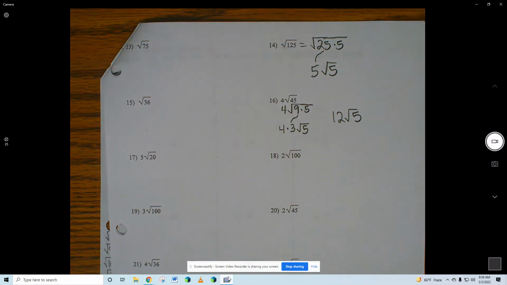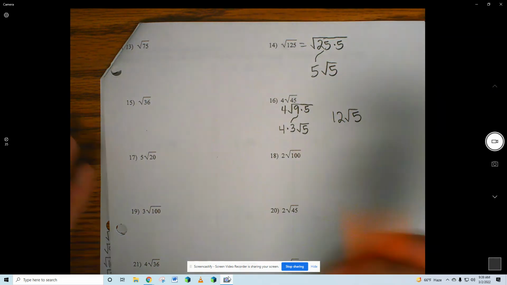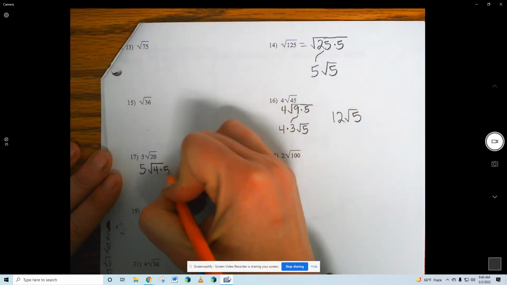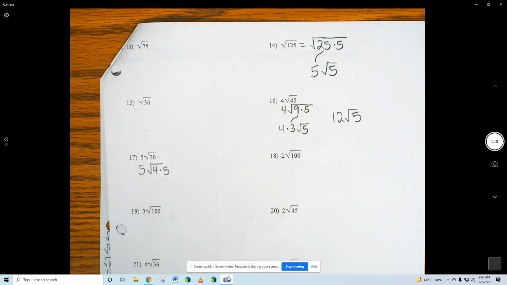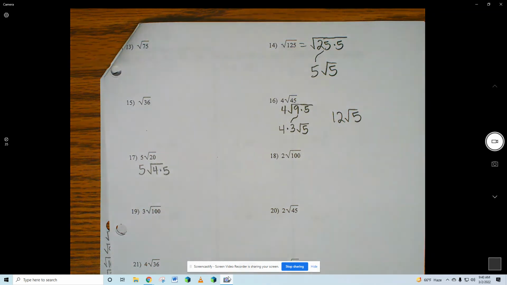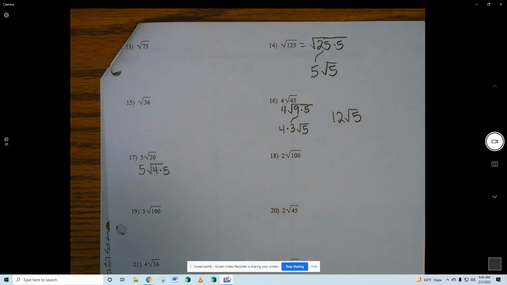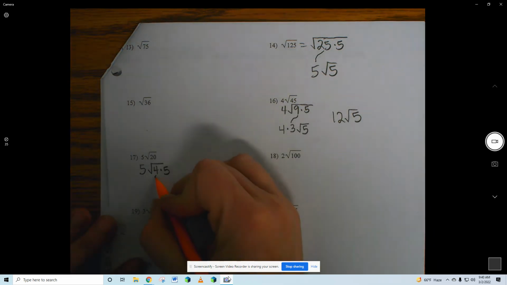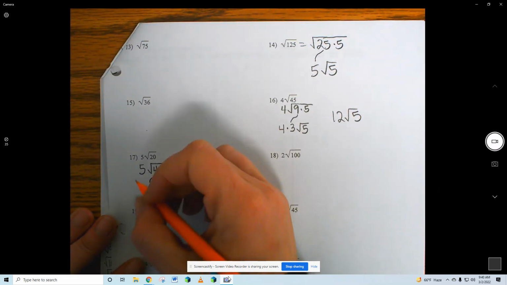I'll do 17. 5 times rad 20. 20 is 4 times 5. Square root of 4 comes out.